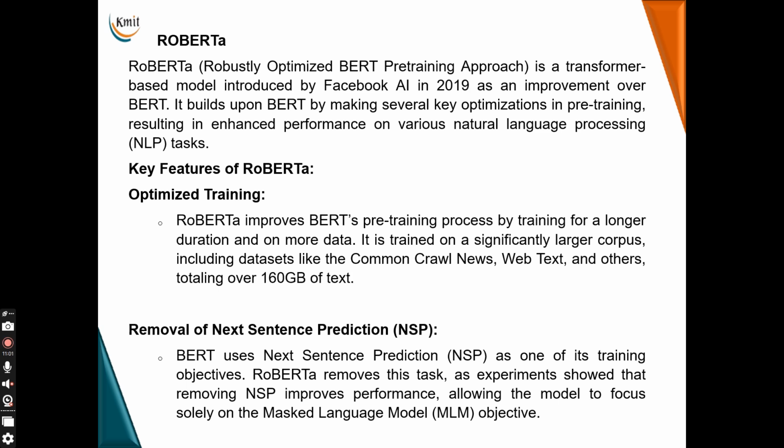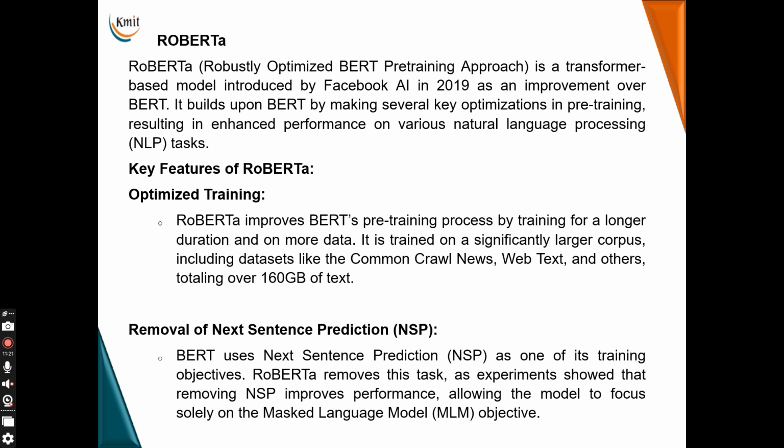What is it trying to do? It builds upon BERT by making various optimizations during the process of pre-training, which is trying to show its improvements in terms of performance while working for various natural language processing tasks.